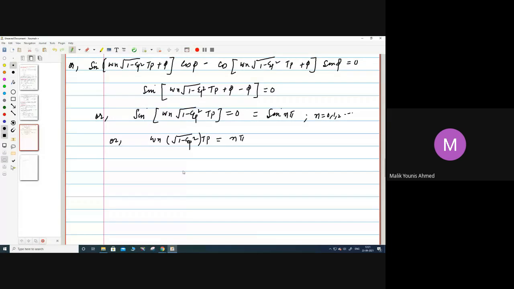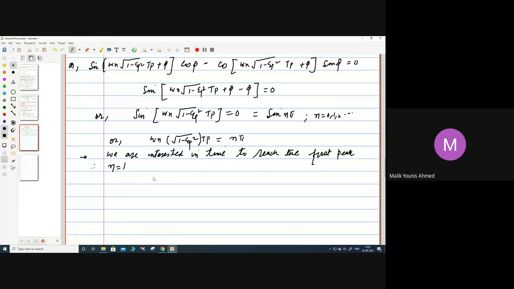Since we are interested in the time to reach the first peak, therefore n will be taken equal to 1.